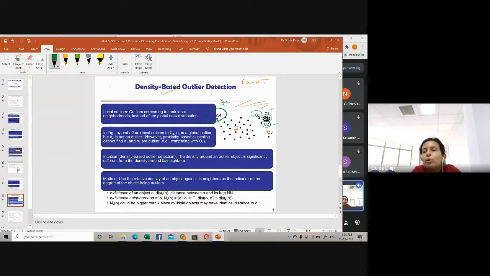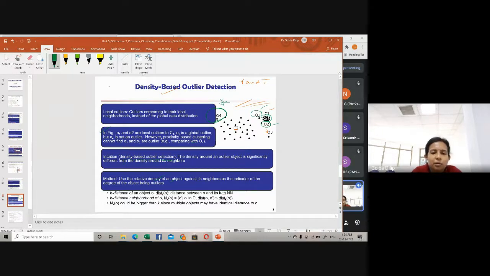So the density-based outlier detection methods make use of this concept of relative density of an object against its neighbors, to indicate to what degree an object is an outlier.